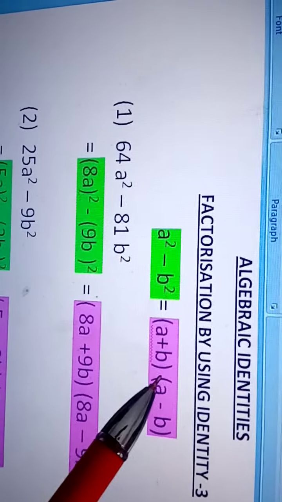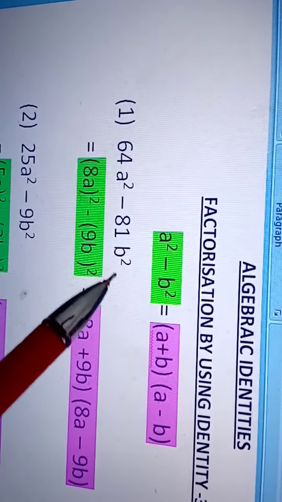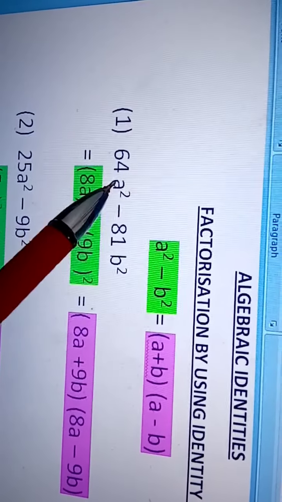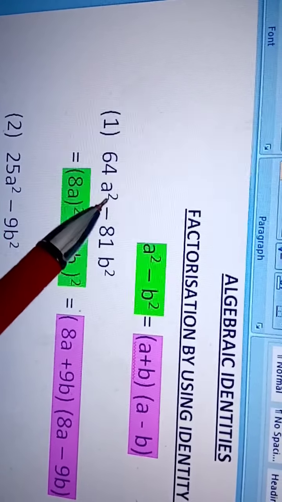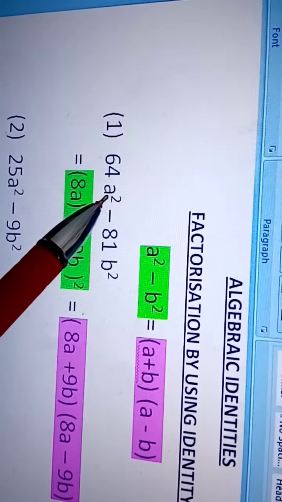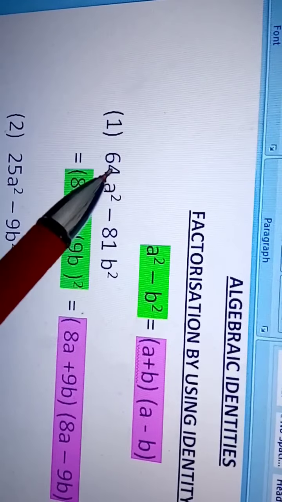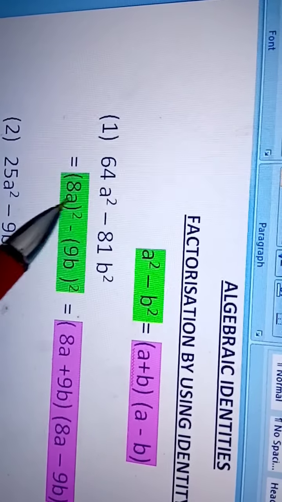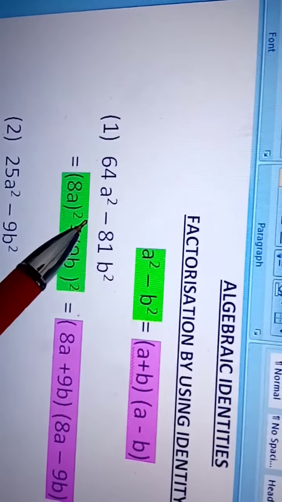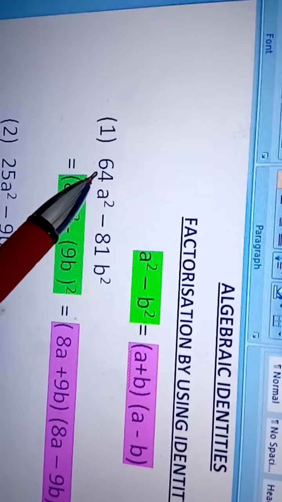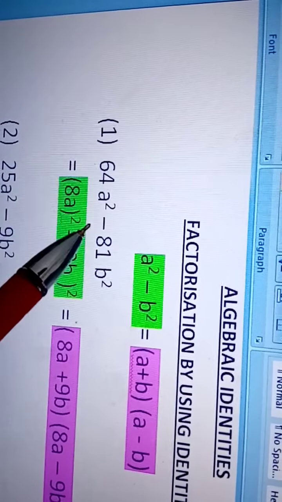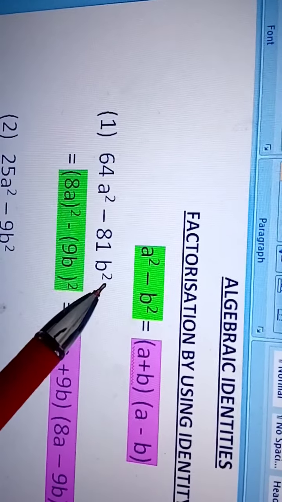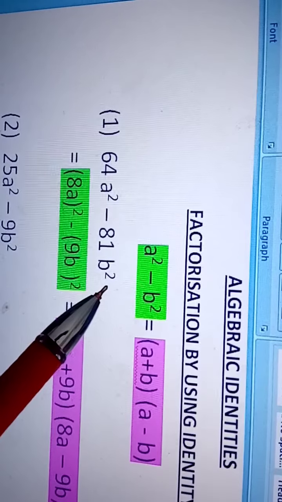Okay, now suppose this is the first question. There is a square, but this square is not on the whole term, it is only on a. So your purpose will be to write this first term as a square. 64 is a perfect square, so you can write it as (8a) whole square, and 81 can be written as (9b) whole square.